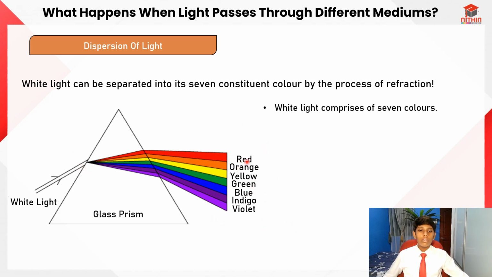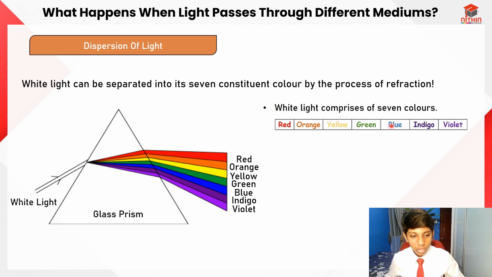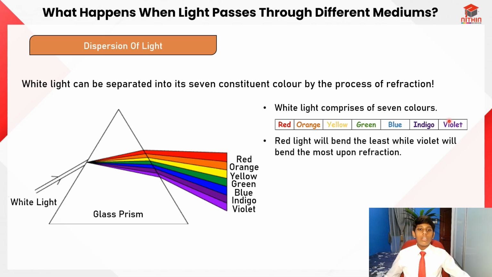Red light will bend the least, while violet will bend the most upon refraction. Different colors of light bend differently. So this is the dispersion of light.